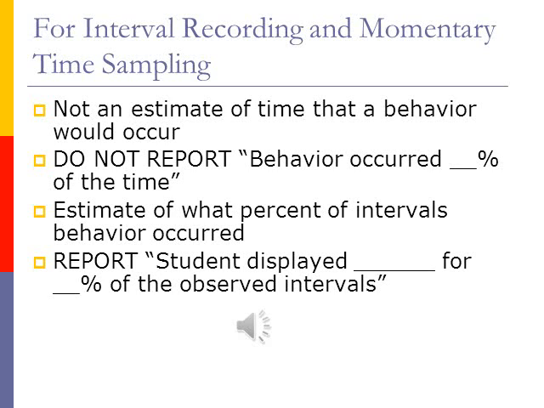So we would report that the student displayed engagement behaviors, off-task verbal behaviors for whatever percentage of the observed intervals. So at the end of the session, if you've observed 100 intervals and the student displayed off-task behavior in 20 of them, we would say the student displayed off-task behavior for 20% of the observed intervals.